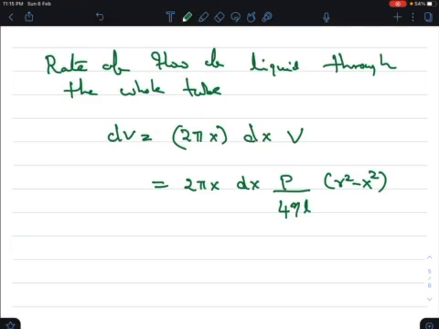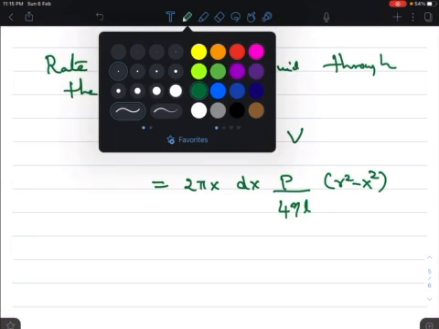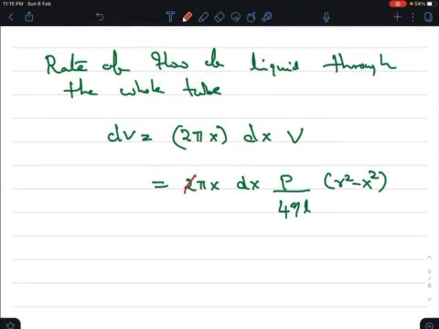Or you can just cancel this, 2 and 2, 4 here. You can get it as P by 2 pi. So you can just take this x dx inside. It is r square x dx minus x cubed dx.